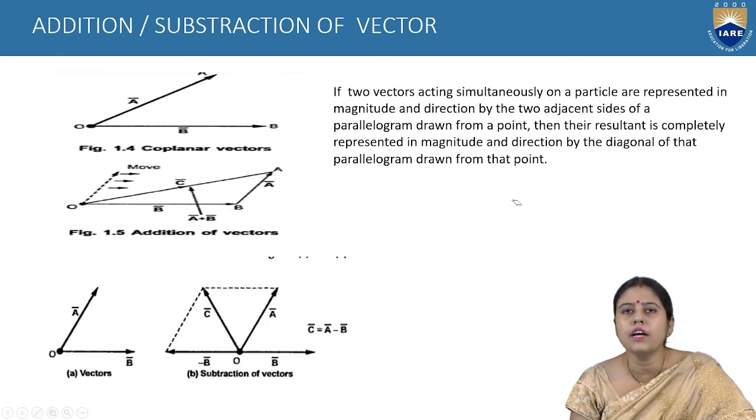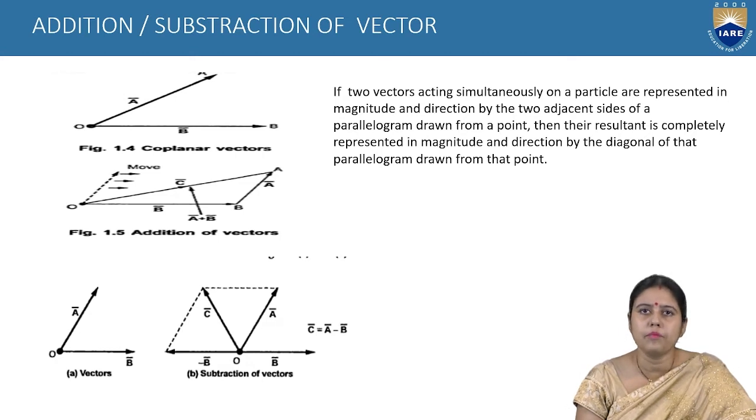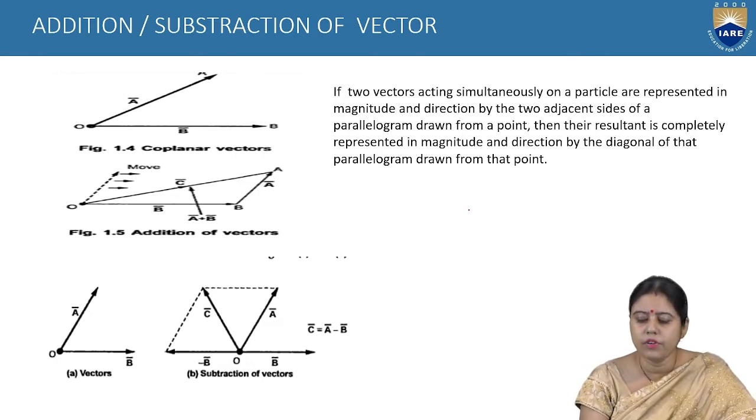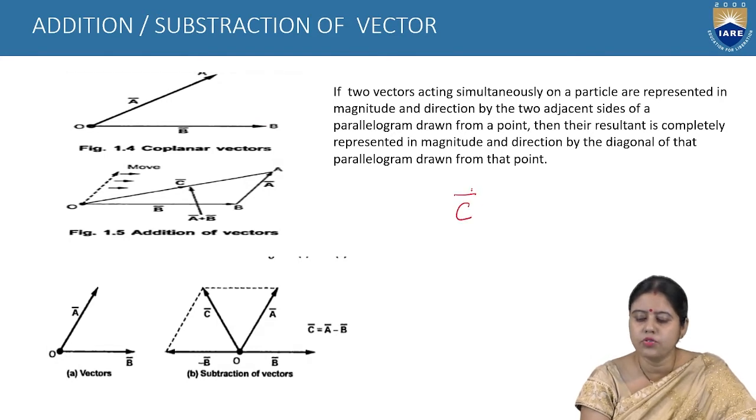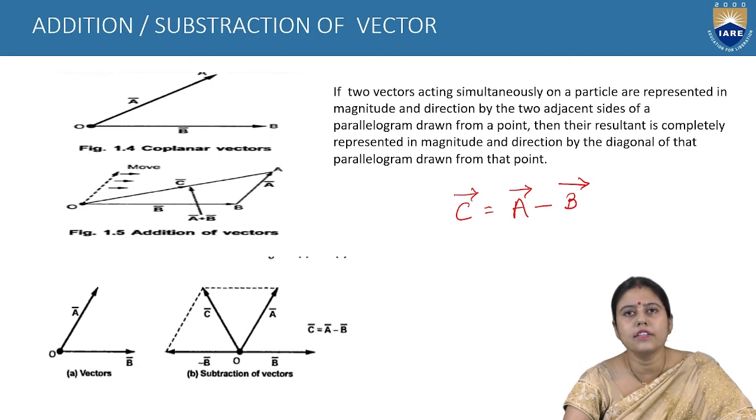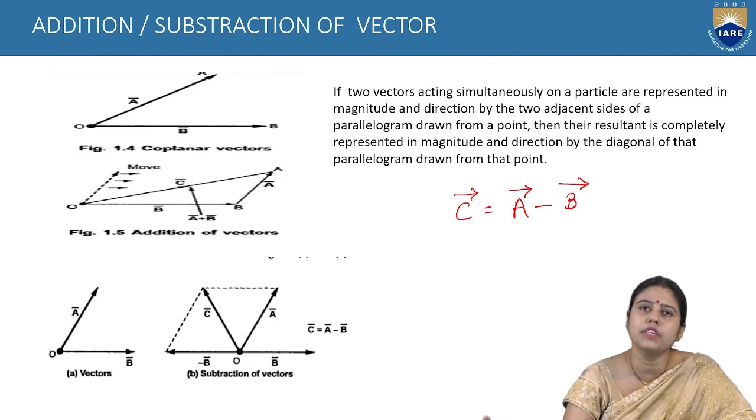And if we want to do the subtraction, how will we do it? See, we want to do the calculation from the same A, B. We want to calculate C equals A minus B. So how to calculate this A minus B? We have the B vector, we will multiply it with minus 1. Example of scaling. What will happen? Its direction will be in the opposite direction.